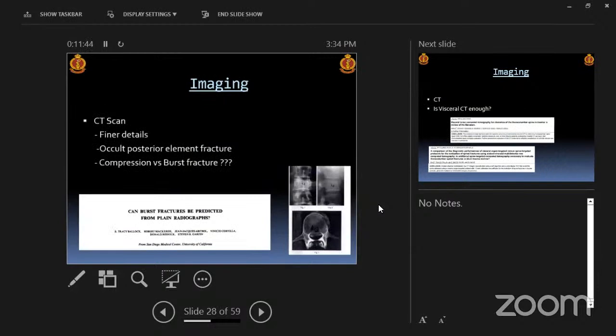Okay, is CT scan important for spine fracture? CT scan is for more details to assess the spinal canal. But CT scan is important to differentiate between burst fracture and compression fracture. For example, on the X-ray here, an L3 fracture: you couldn't tell whether the posterior wall is involved.